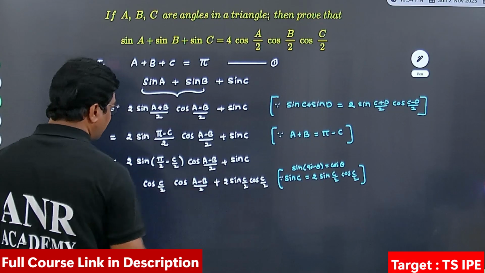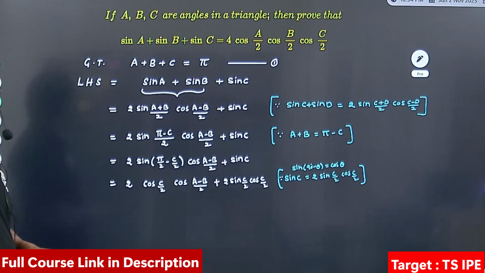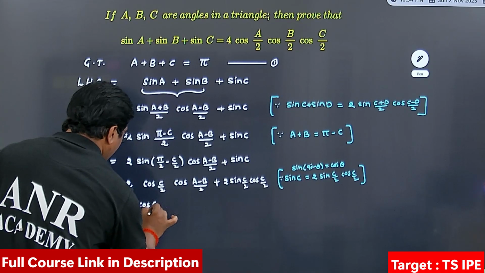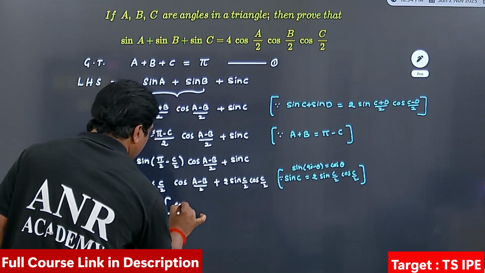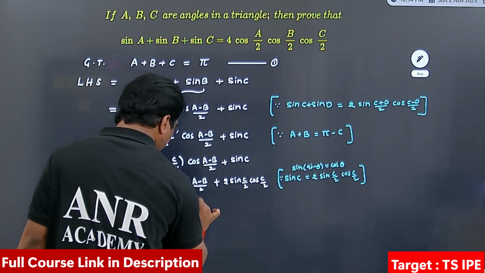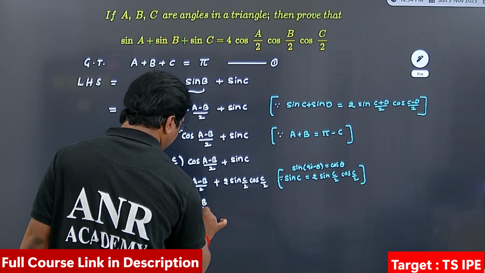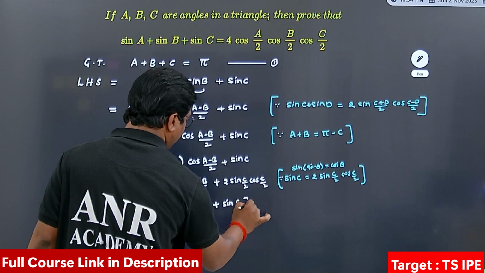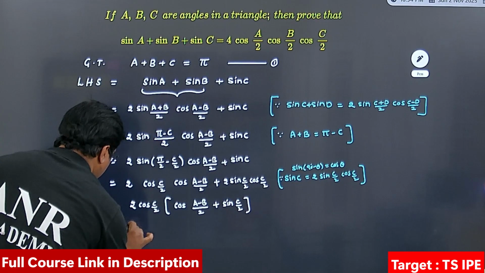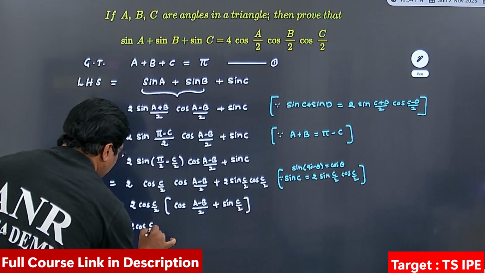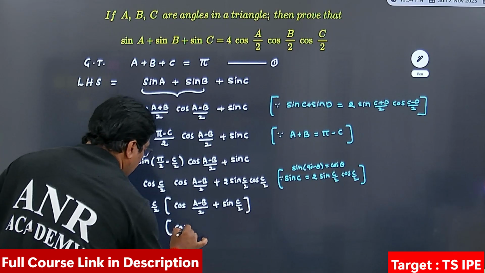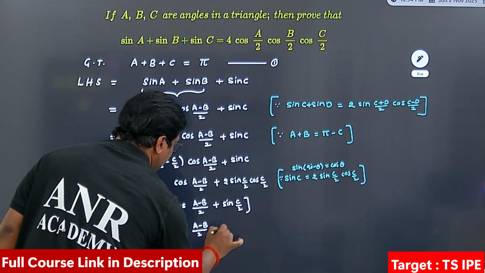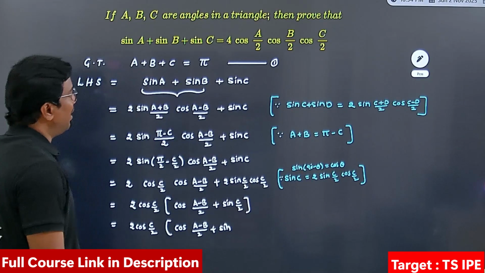Next, from both the terms, if I take common 2 times cos C by 2, then what happens: cos of (A minus B) divided by 2, next sin of C divided by 2. Therefore this is equal to 2 times cos C by 2 times [cos of (A minus B) divided by 2 plus sin of the value of C from result 1.